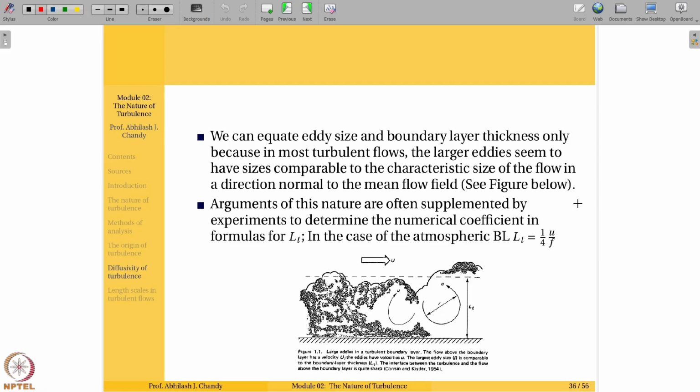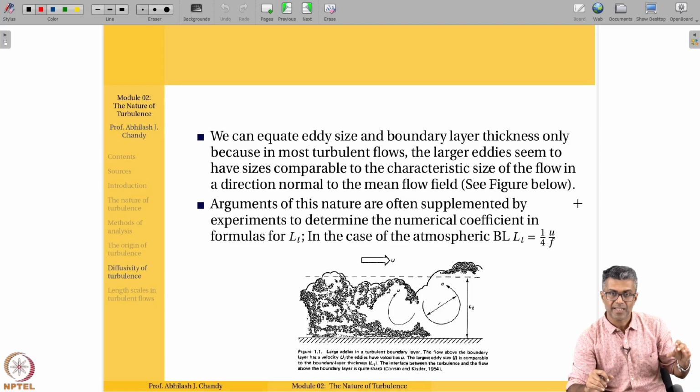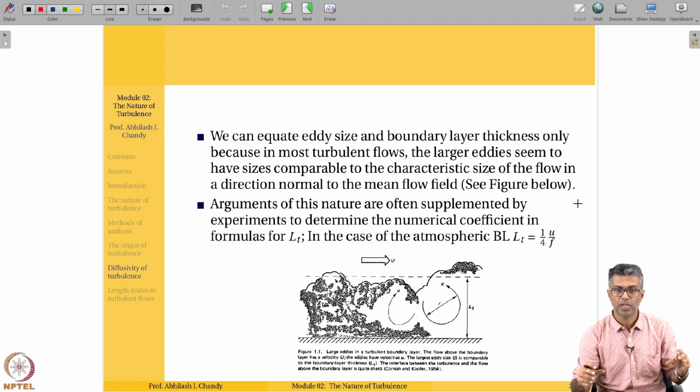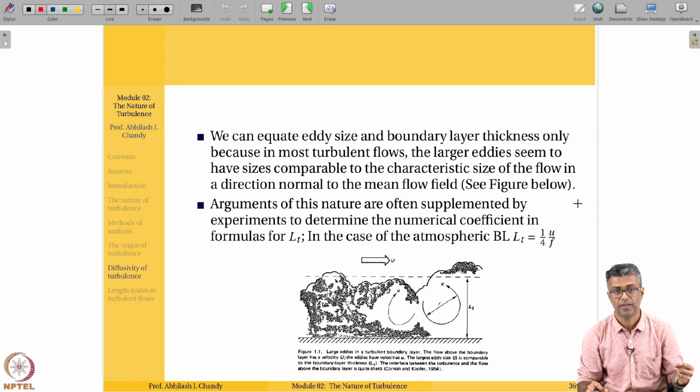Okay, so what does that mean, right? So we can now equate the eddy size and the boundary layer thickness only because in most turbulent flows, the large eddies seem to have sizes comparable to the characteristic size of the direction normal to the flow field.